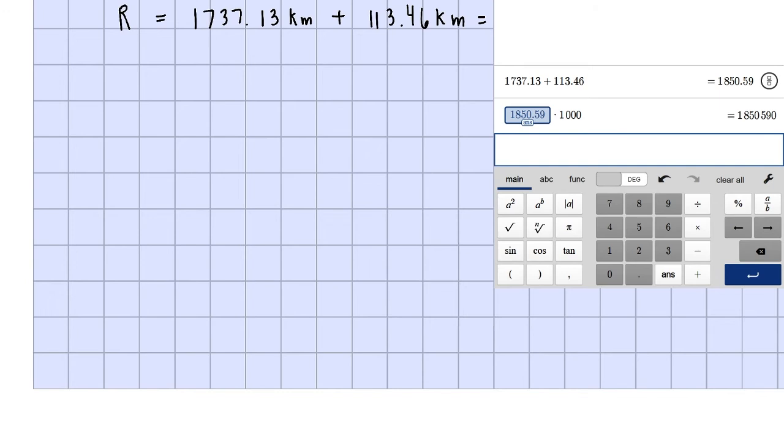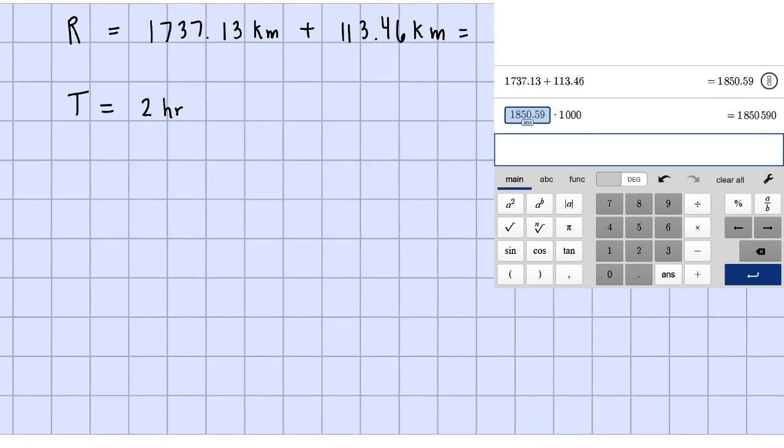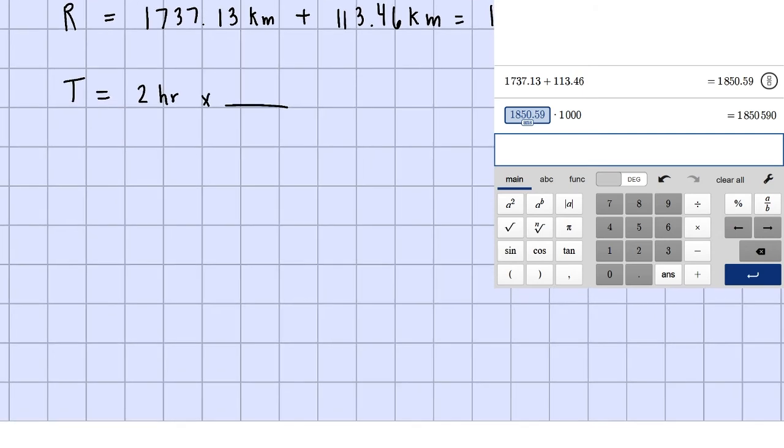Now for the period. The period is equal to 2 hours, but that needs to be converted to the SI unit, which would be seconds. And to do that, I'll do some dimensional analysis, and I know 1 hour is equal to 60 minutes.